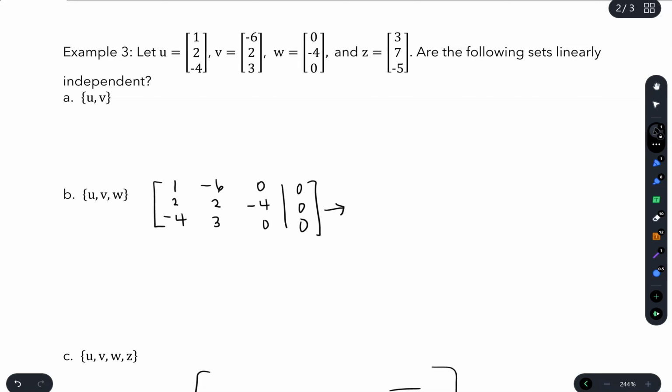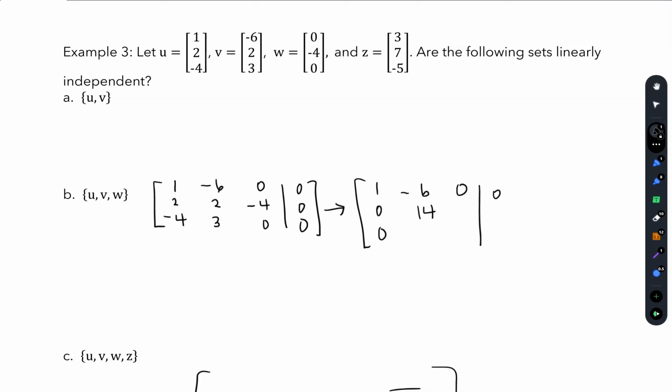So if I reduce this down, what do I get here? 1, 0, 0, -6, 0. What's that, 14? -4. 0.